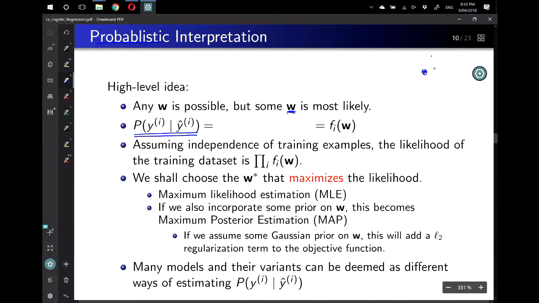This is my real y, and for the same x, this is my estimate, which is conditioned on a particular W. If you use a different W, this y will go up or go down. So in order to quantify the probability, I need to quantify this term.